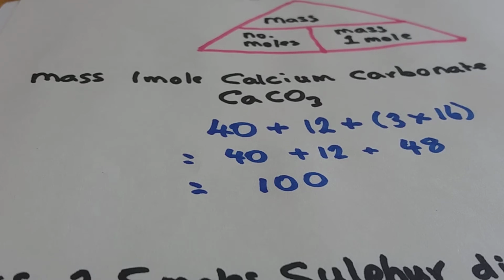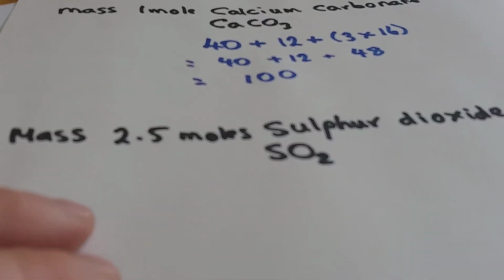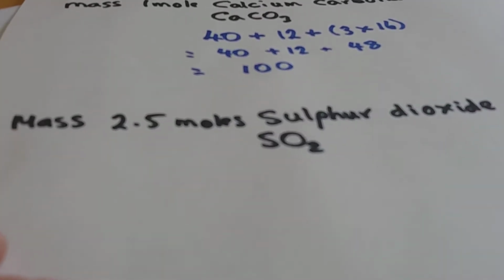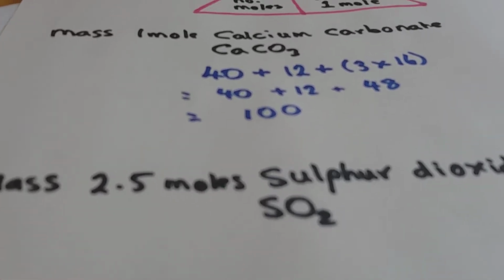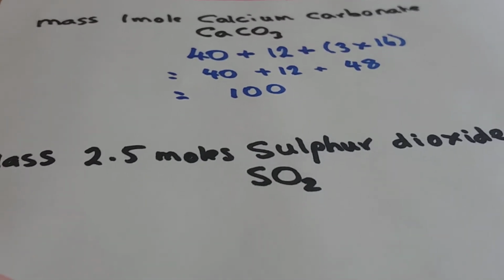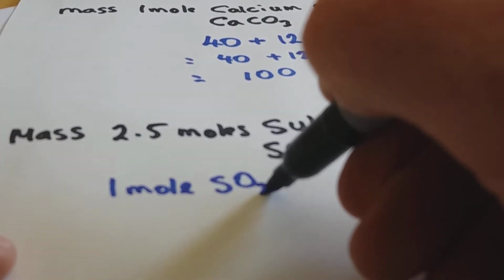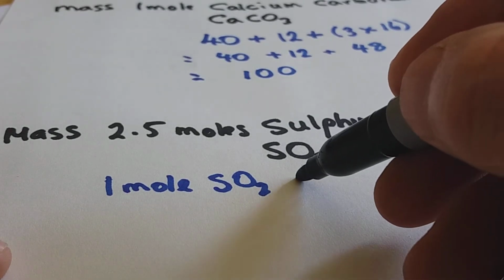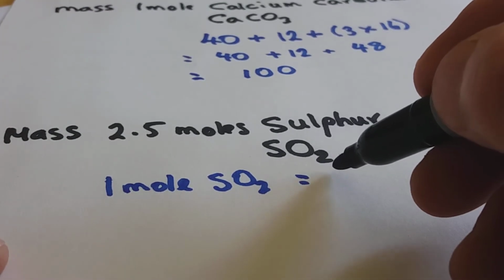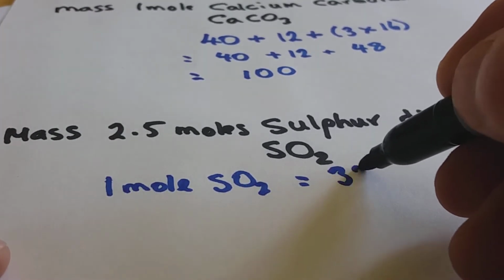Now, let's use the formula. This next one, they want us to find the mass of 2.5 moles of sulfur dioxide. So first thing we have to do is find 1 mole of sulfur dioxide. So looking at the periodic table, relative atomic mass of sulfur is 32.